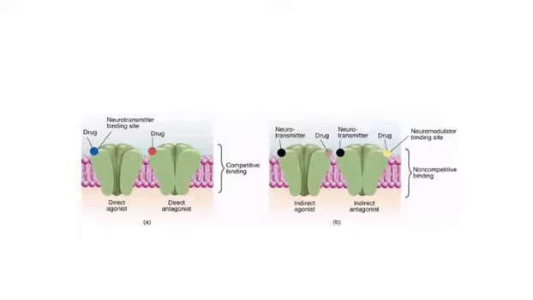Here, when the drug binds to this alternative site, if it opens the ion channel, it acts as an indirect agonist. Again, indirect referring to that non-competitive binding. Whereas over here, with the drug binding to the alternative site and keeping the ion channel closed, it would be an indirect antagonist.